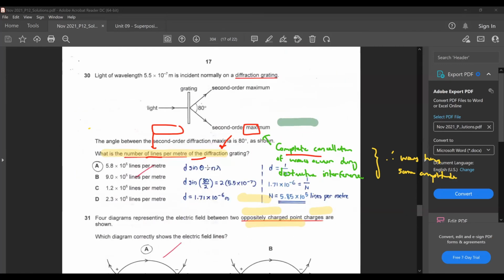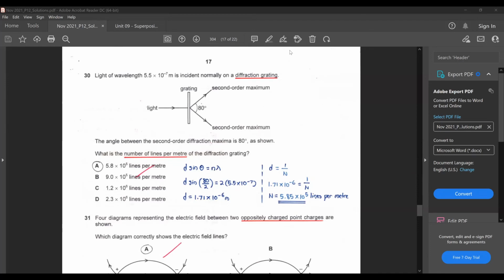Then I move on to question 30. 30 is also on superposition again. Now, light of wavelength 5.5 times 10 power minus 7 meter is incident normally on a diffraction grating. The angle between the second order diffraction maxima is 80 degrees. What's the number of lines per meter of the diffraction grating?